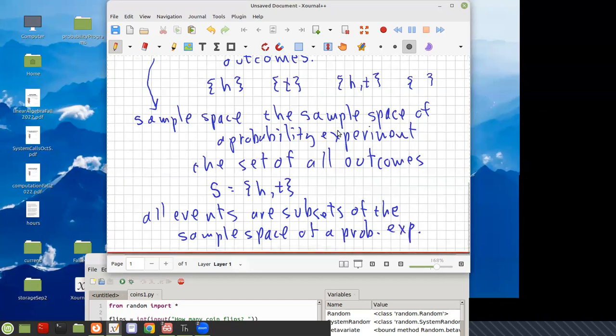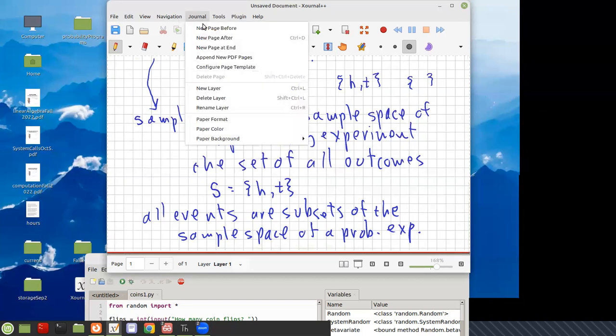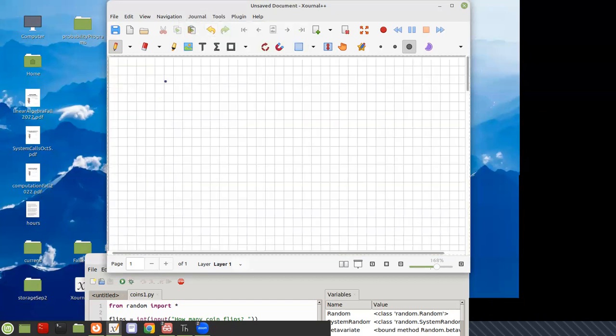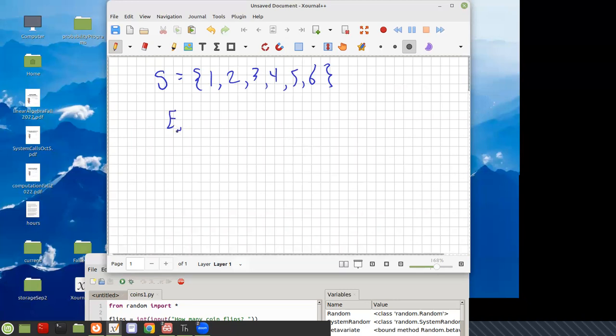Okay. So let's look at another one that's maybe a little bit more complicated. Let's say you had a dice roll. Well, the sample space for a dice roll is going to be, using the names, 1 through 6 for a usual dice. So we have a lot of different events. For example, we could have the event where the result was even.